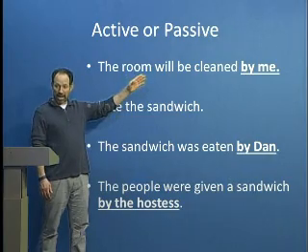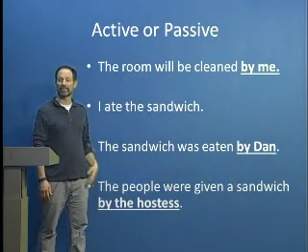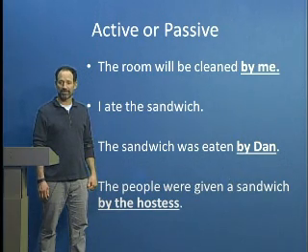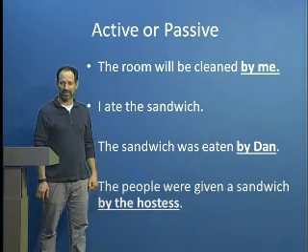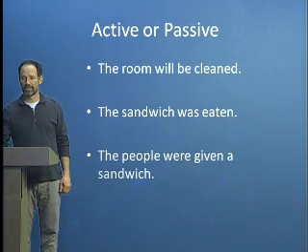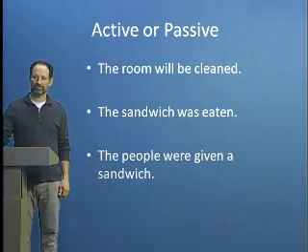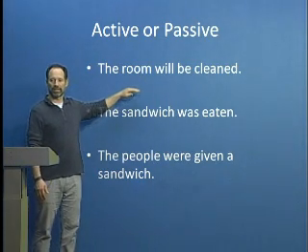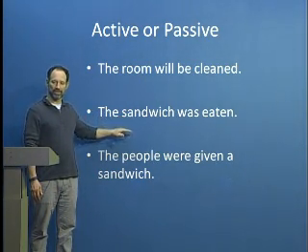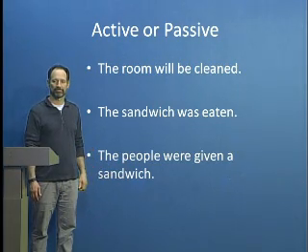So if I see by somebody at the end of a sentence, that's another clue that it's a passive voice sentence. So if we look here, these are all three passive voice sentences.